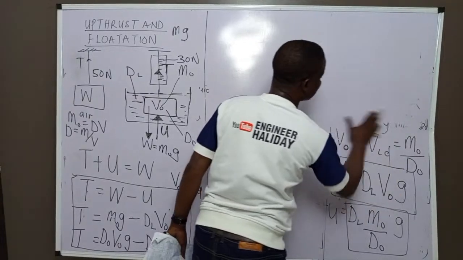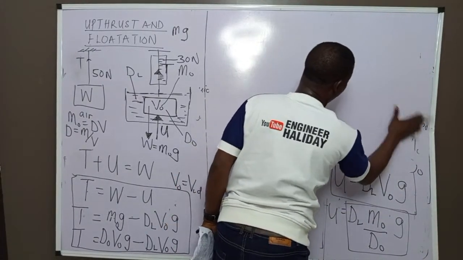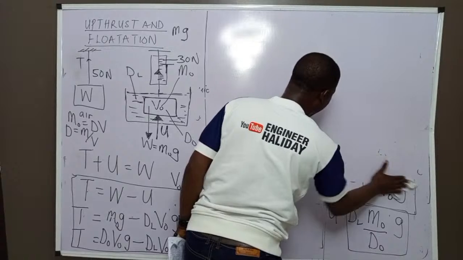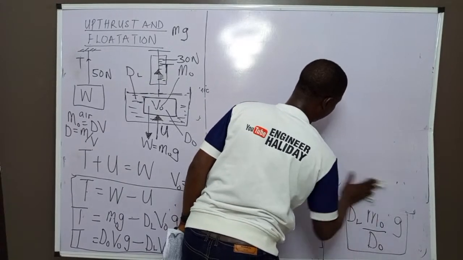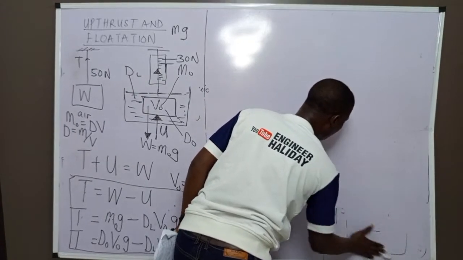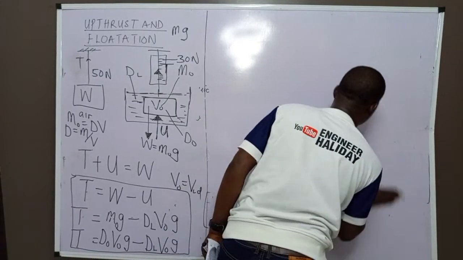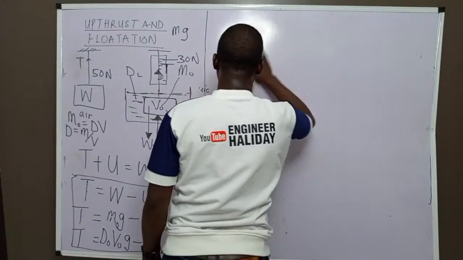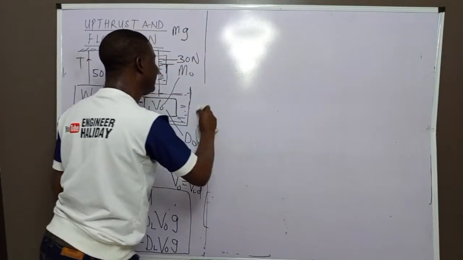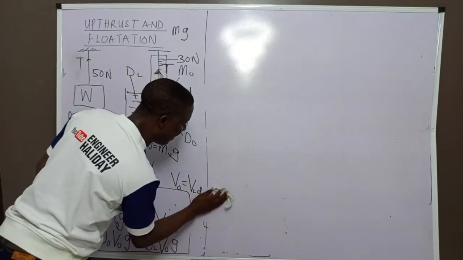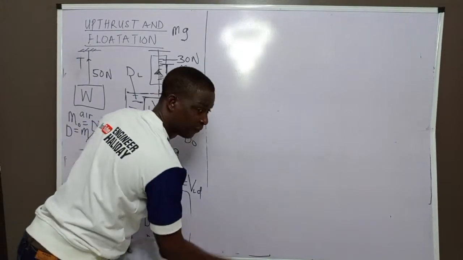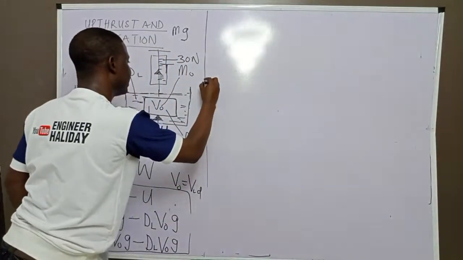And this part I'm explaining, volume of liquid displaced, most textbooks will not tell you what it means. So when you go to a question, you'll be confused. We are given two densities, density of object and density of liquid. You now become confused, which one should I use? Many of us are solving these questions on density by trial and error. You don't understand it. So take your time.